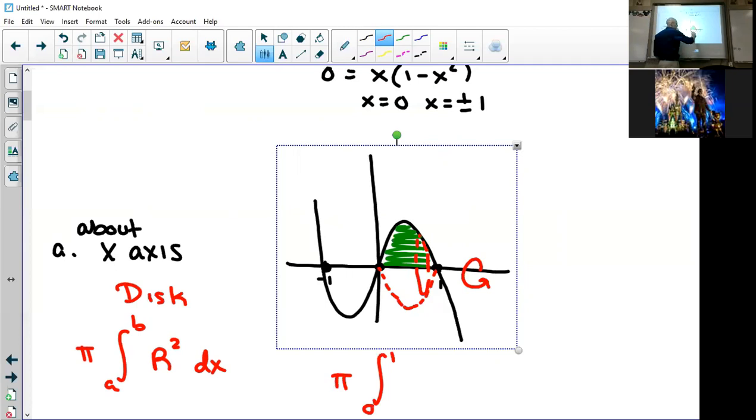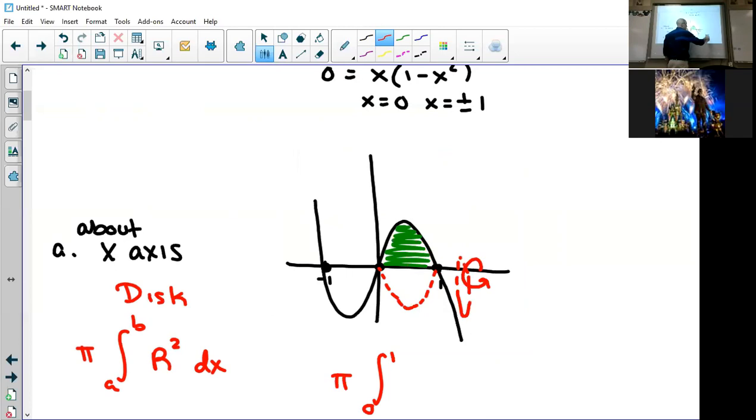And then we've got to figure out our r. Okay, let me get this out of here real quick. Let it catch up. Give it a second. All right, so remember, whenever we're trying to find our r, we always start on the axis of revolution.